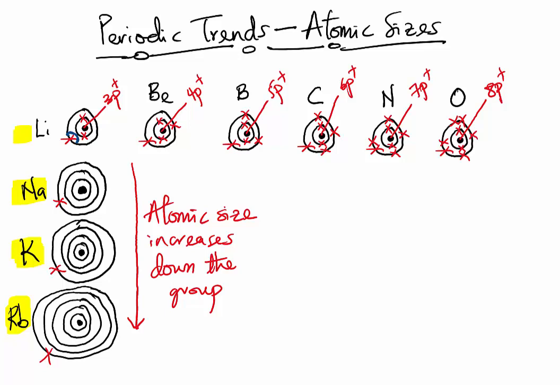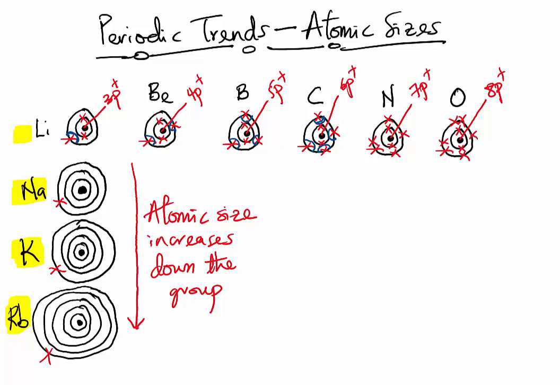In beryllium, we now have 4 protons in the nucleus pulling on the 2 electrons outside the nucleus. In boron, we have 5 protons pulling on the 3 electrons in energy level number 2. In carbon, the number of protons has increased to 6, and those 6 protons will be pulling on the 4 electrons outside the nucleus.